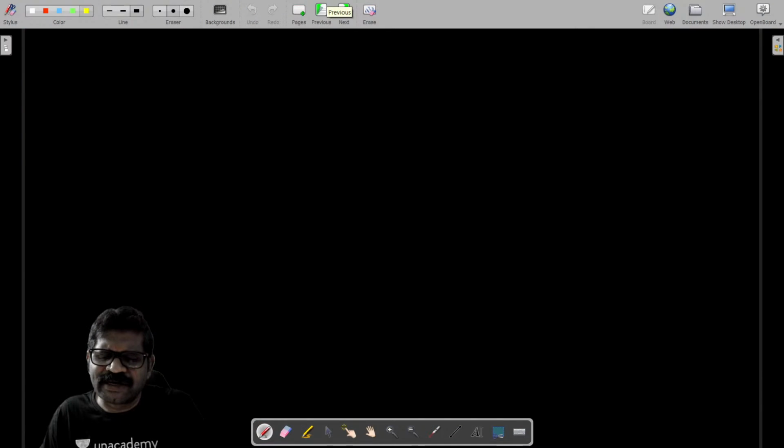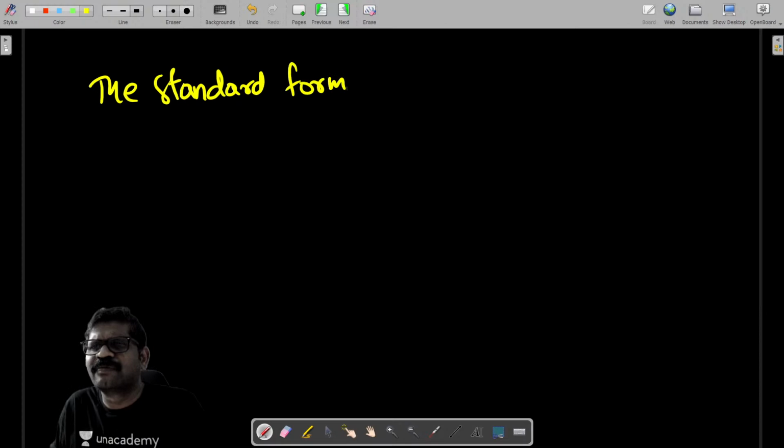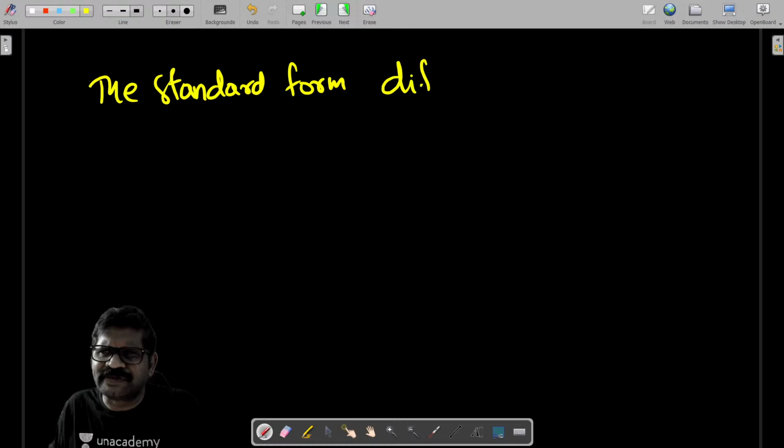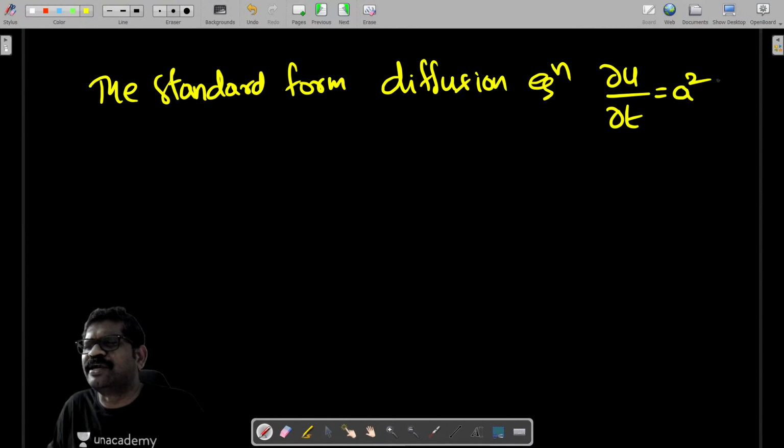It is a problem on diffusion equation or heat equation. The standard form of diffusion equation is del u by del t equal to a square into del square u by del x square.